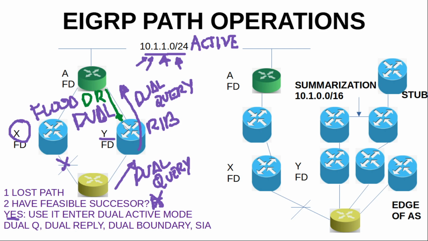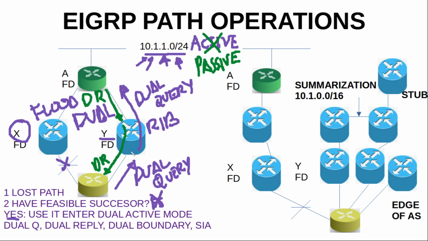Router Y has to forward this DUAL reply to the original router that generated the DUAL query. So now at this point, the yellow router has an appropriate route to reach this prefix, and it no longer tags it as active, it becomes passive, and the convergence finishes.